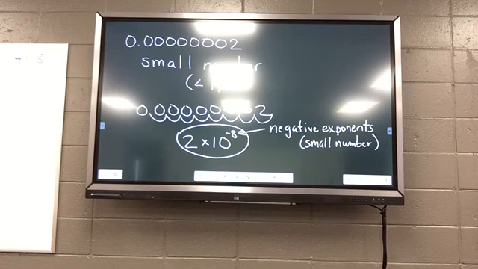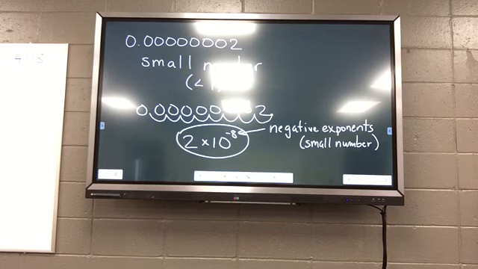Is that greater than 1? Yes. Okay, we agree with that? Negative. 1 over. Whoa. It has a negative exponent, doesn't it? And isn't this number smaller than 1?